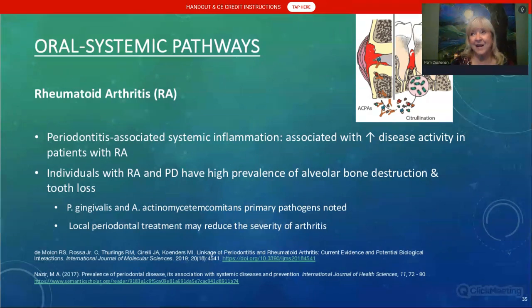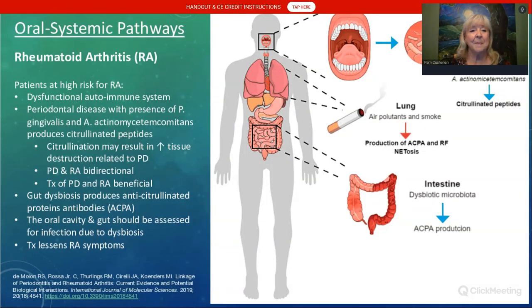So not only is it about educating the patient and helping them to interact with their other health professionals, but we can actually have a real impact on improving their day-to-day lives so far as their comfort level and ability to interact. Patients that are at a high risk for rheumatoid arthritis have a dysfunctional autoimmune system. It's just part of the package.